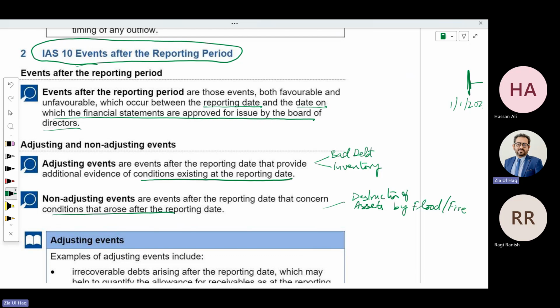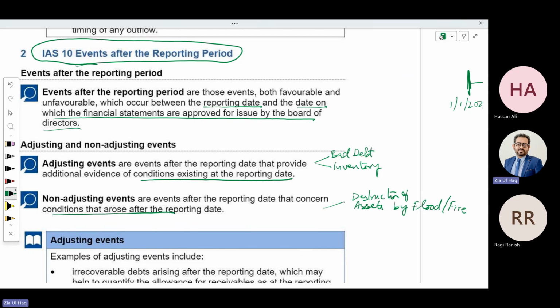Meaning after year end, say year end is 31st December, in February there was a flood or fire, due to which an asset was destroyed. If that asset is destroyed, the company has suffered a loss. That loss relates to the next year, 2024, and will be reflected in the 2024 financial statements.